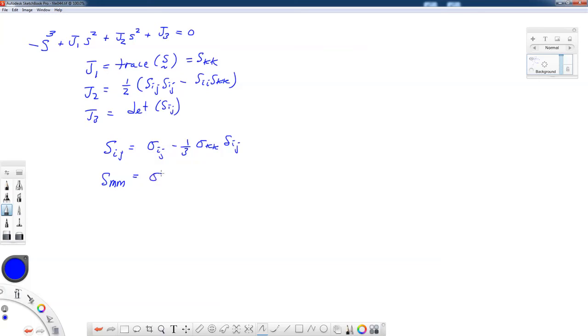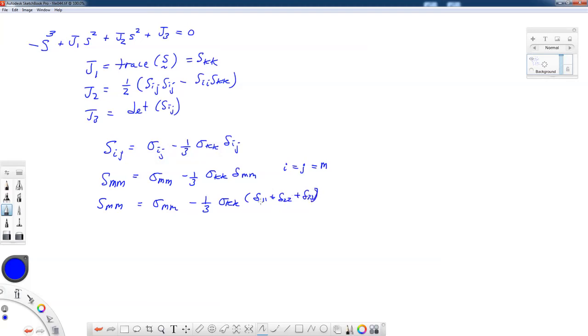This would be sigma MM minus 1/3 sigma kk Kronecker delta MM. Okay, this is when i is equal to j, and they're both equal to this new subscript m from this previous equation. And let's see if we can simplify this just a little bit. Kronecker delta MM is Kronecker delta 1,1 plus 2,2 plus 3,3.